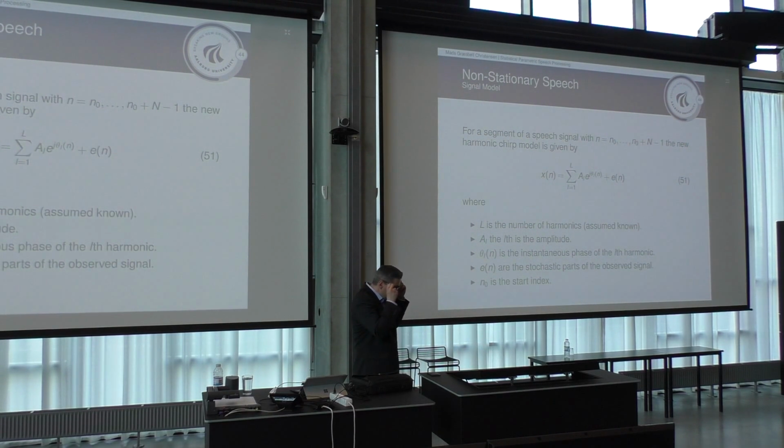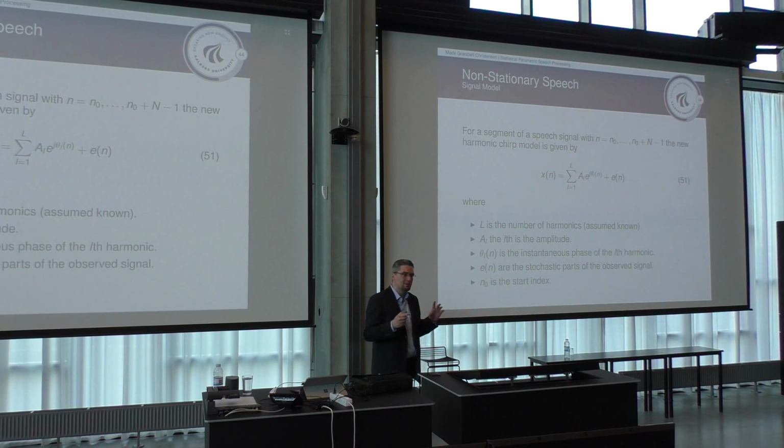So now the model will be modified a bit. Our observed signal x here looks a bit like before, but now instead of the simple model we had before, we have what is called an instantaneous phase up here, and that model is going to be different than what we had before. Another thing that's different is that the time indices here will start at n0. We'll still have N samples, but they'll start at n0.